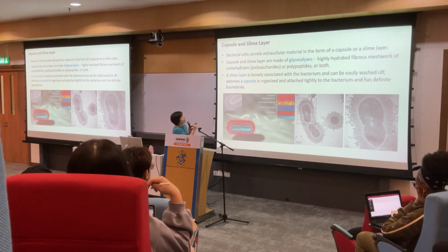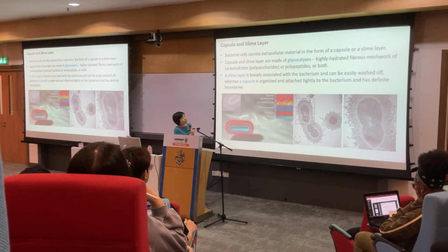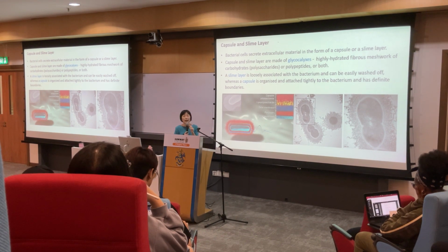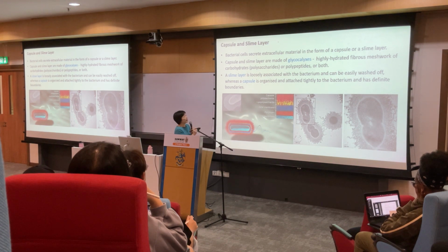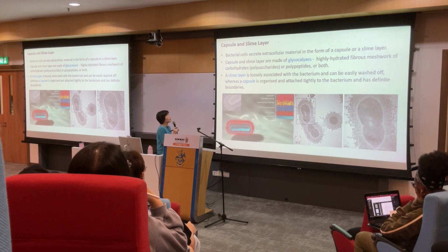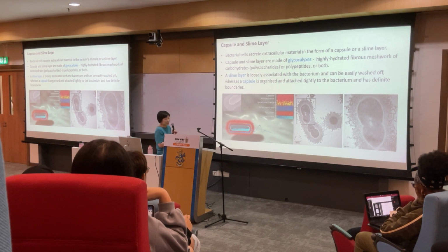The capsule, on the other hand, is highly organized and attached tightly to the bacterial cell, and has a very definite, sharp boundary. The slime layer is not very organized and is loosely attached, so it can be gone at any time. So these are the differences. But despite the differences in morphology, both of them are made up of glycocalyx.